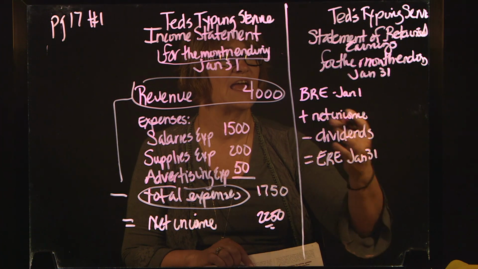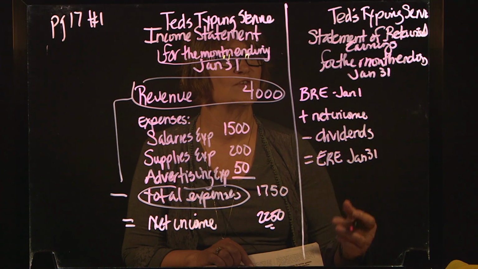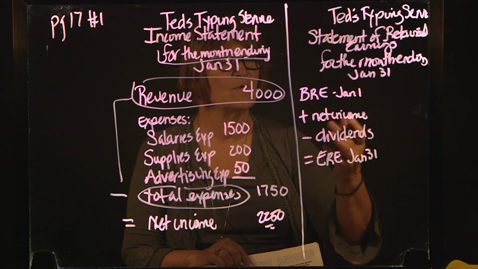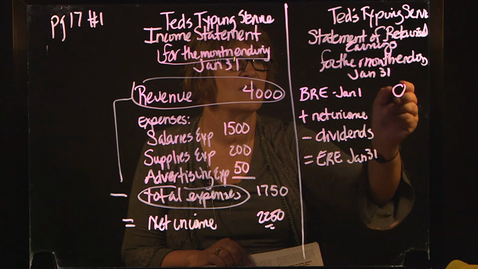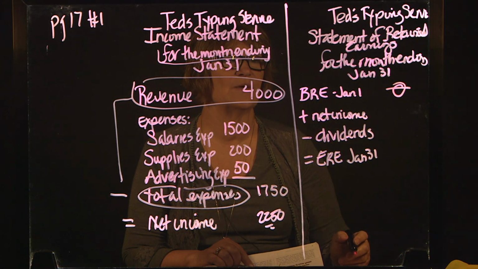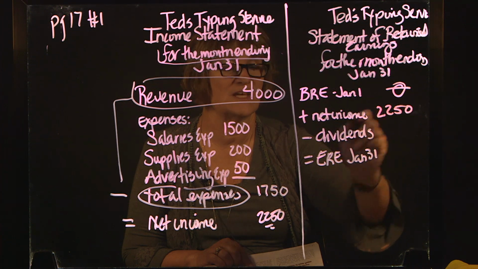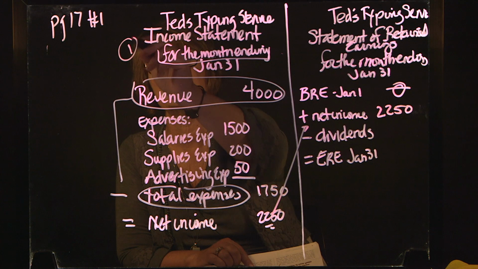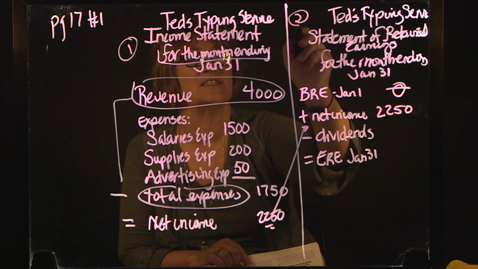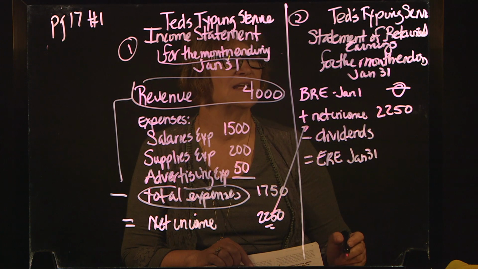So this is an account that accumulates earnings over time. So if we were doing Ted's typing service, let's just say their beginning retained earnings was 0. We see that their net income is $22.50, and that's why I wanted to do this. This is why you prepare this statement first and this statement second, because you need the net income.